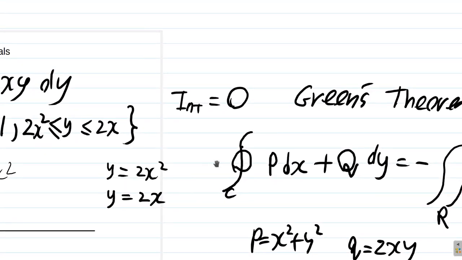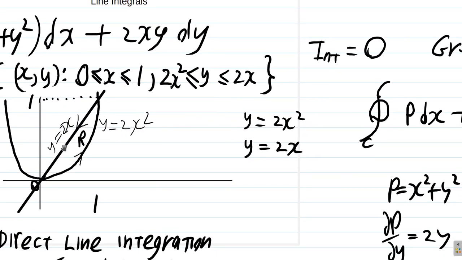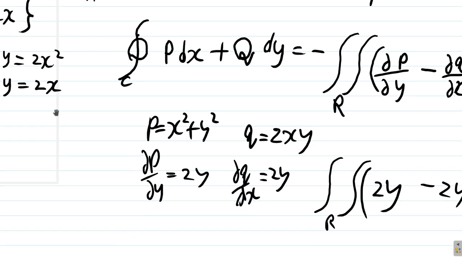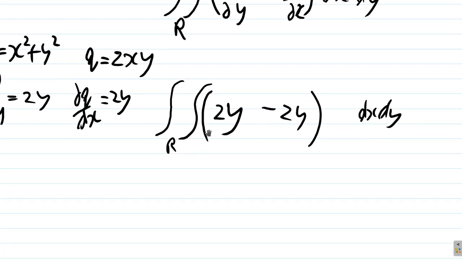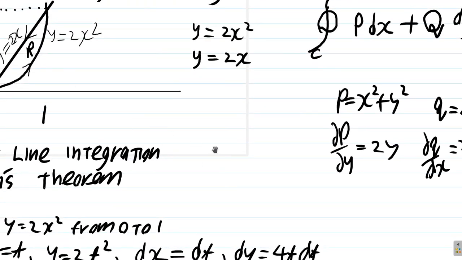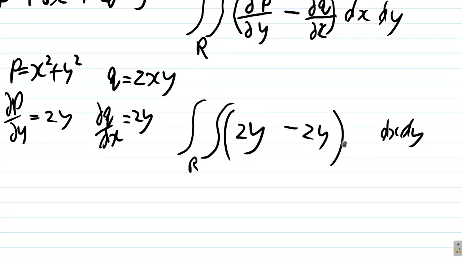For the x, you could say it goes from here to here, from the left to right, and then you have dy, but it would be more convenient to switch them around, right?